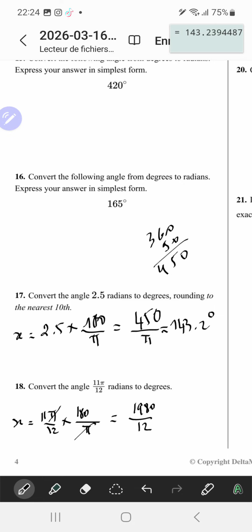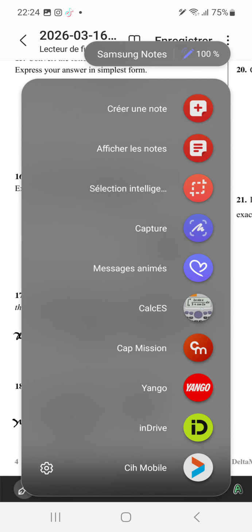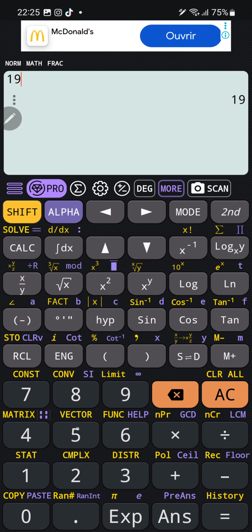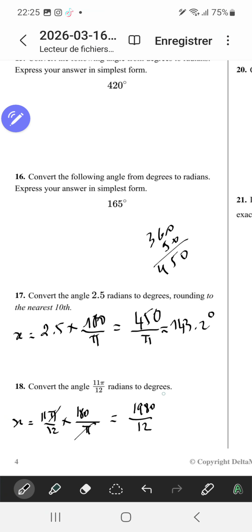Can we just calculate this? Oh, nice. I was sure that it will be a whole number. So it's this. Nice.